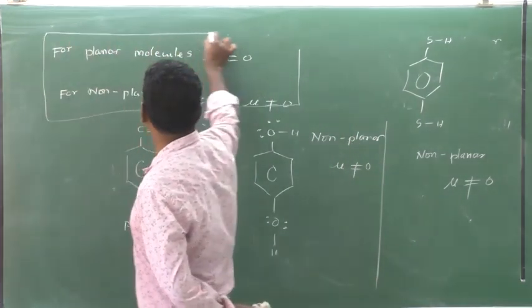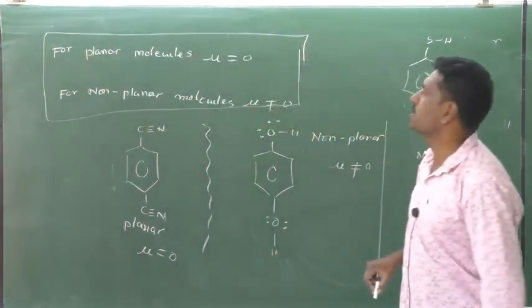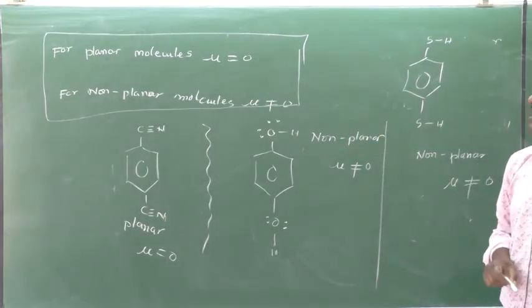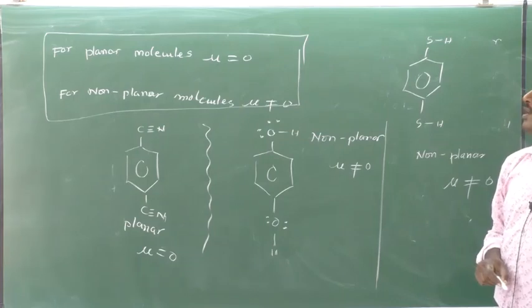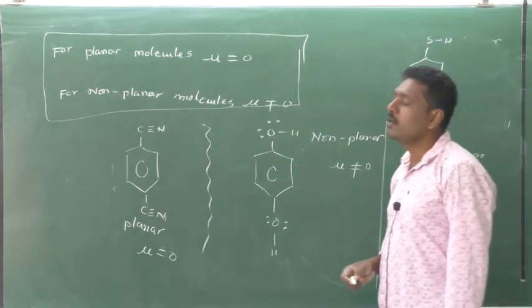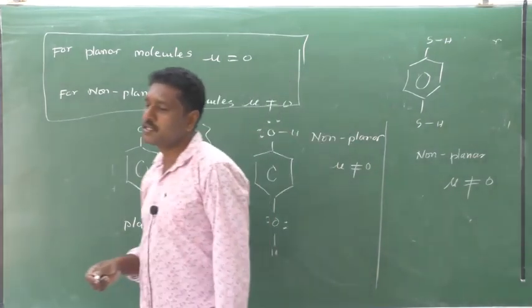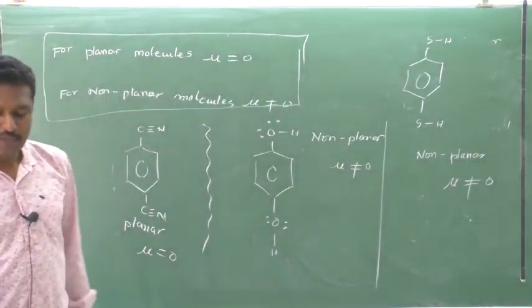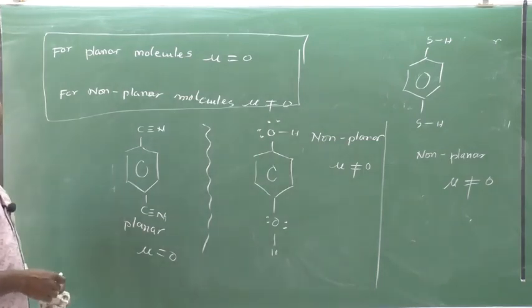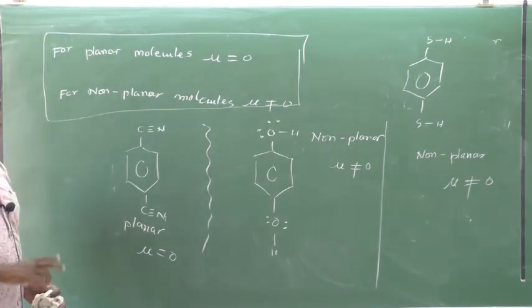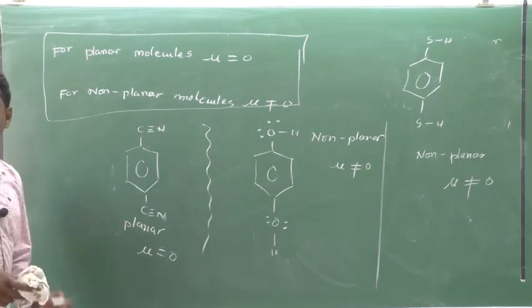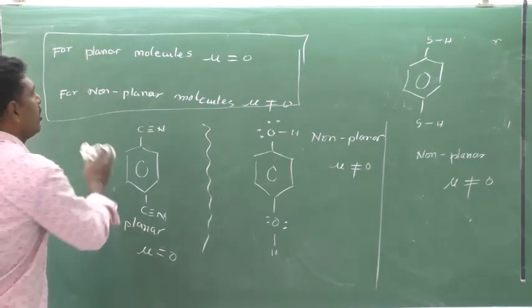For non-planar molecules, mu is not equal to 0. So non-planar molecules exhibit polarity and dipole moment. This is also one of the important points. After that, hybridization can be predicted by knowing the dipole moment values.